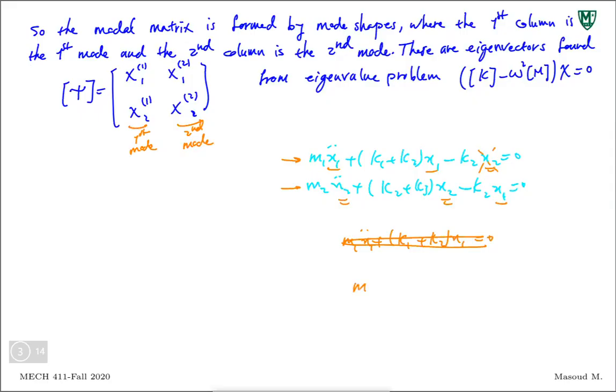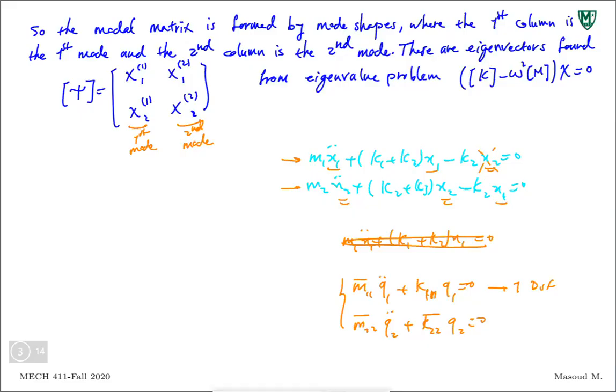You are going to get something like a new kind of m, called m11 q1 double dot plus k11 q1 equal to 0, and then you get something along the line of this for q2. Now the equations are uncoupled in modal domain, meaning that each of these is just the 1 degree of freedom system equation of motion for a system with 1 degree of freedom.